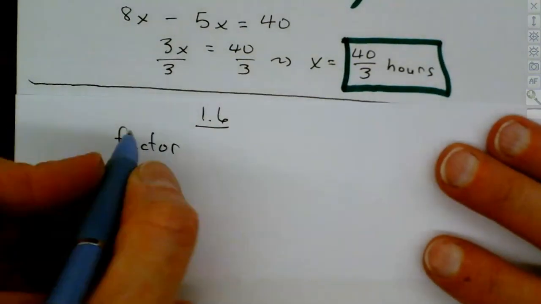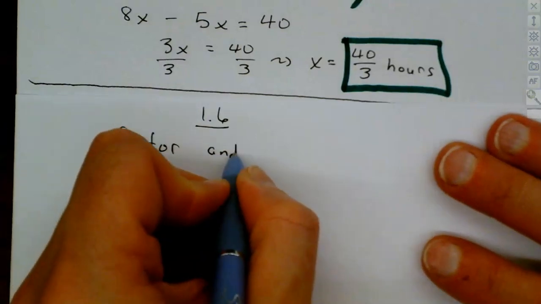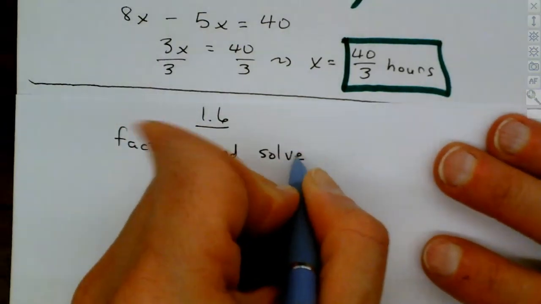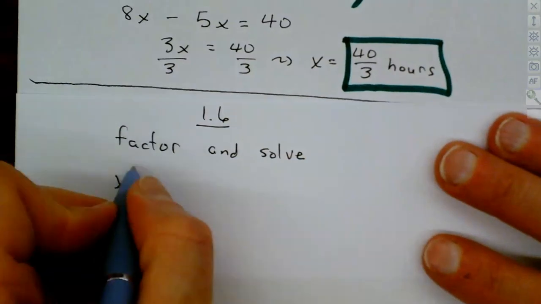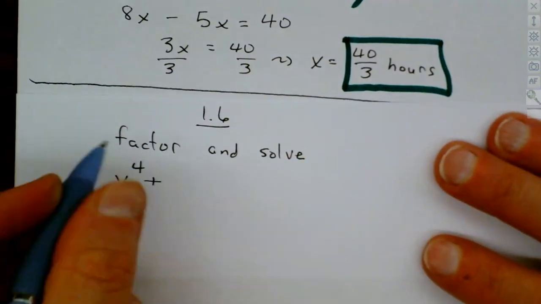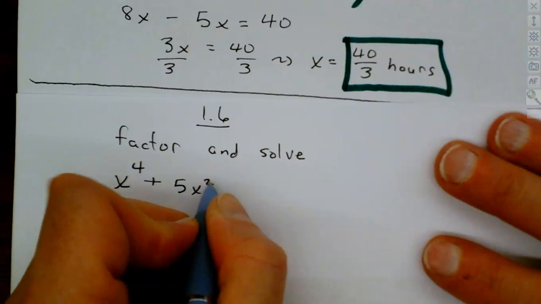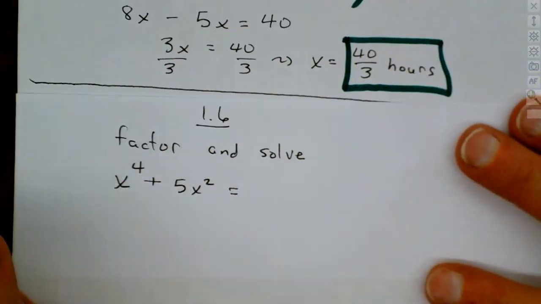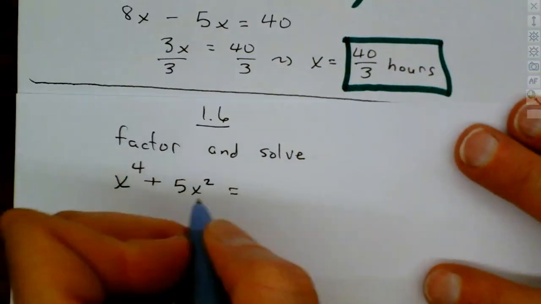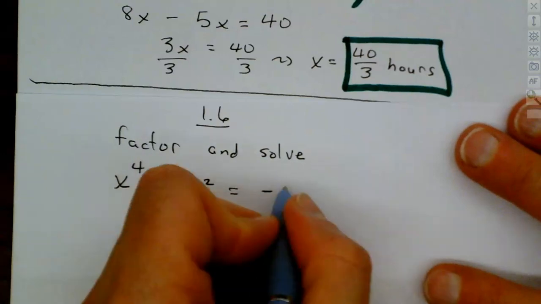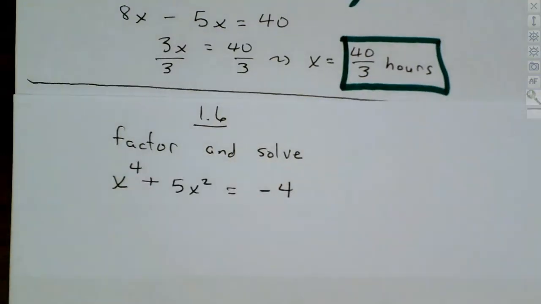So let's go ahead and factor this and solve. We'll start off with a pretty easy one. If I gave you this one here, and I want you to solve it.